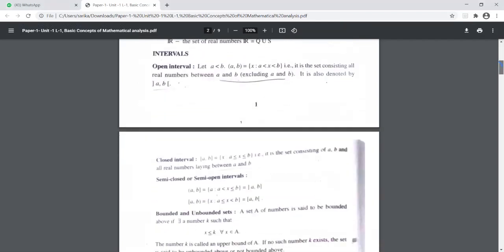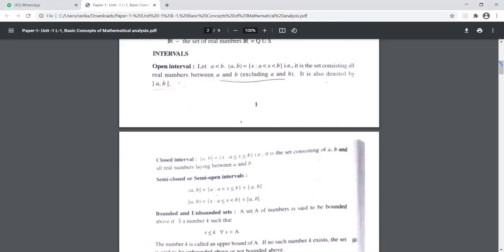Two types of intervals are there mainly. One is the open interval, another one is the closed interval. Let us study the open interval. Let a be less than b, such that (a, b) is the set of x such that x lies between a and b.